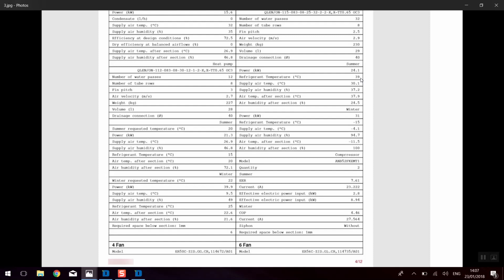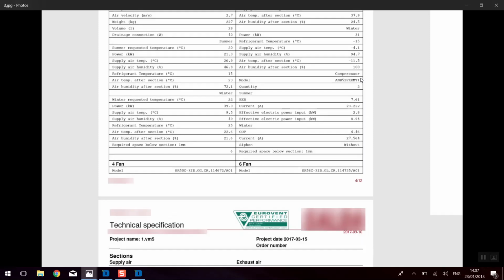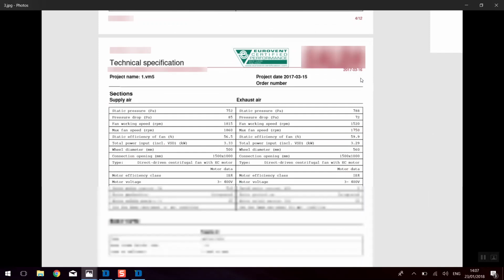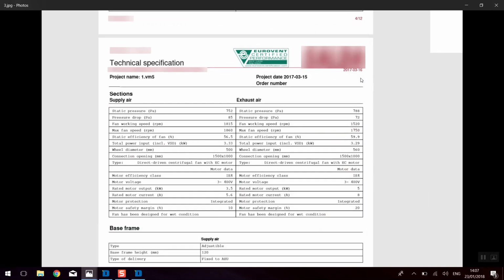Here we expect condensing temperature, refrigerant temperature, even higher than 55 degrees, which again will affect the whole calculations for the refrigerant circuit in cooling mode. So all the rest looks okay.